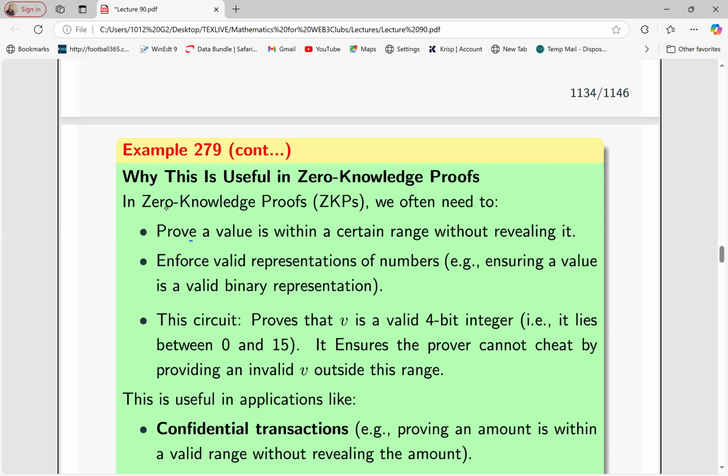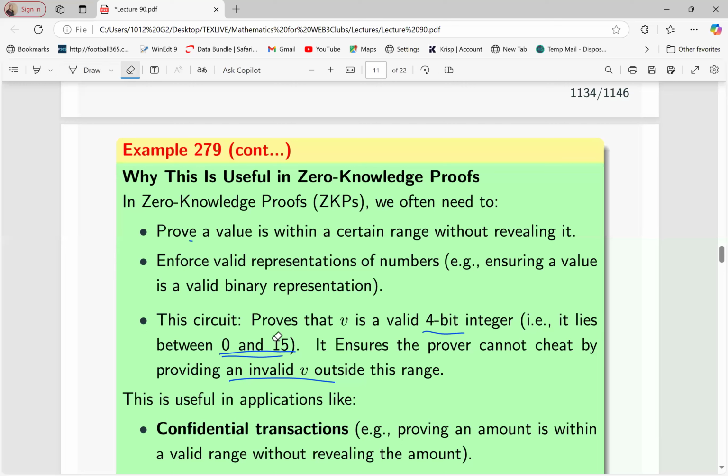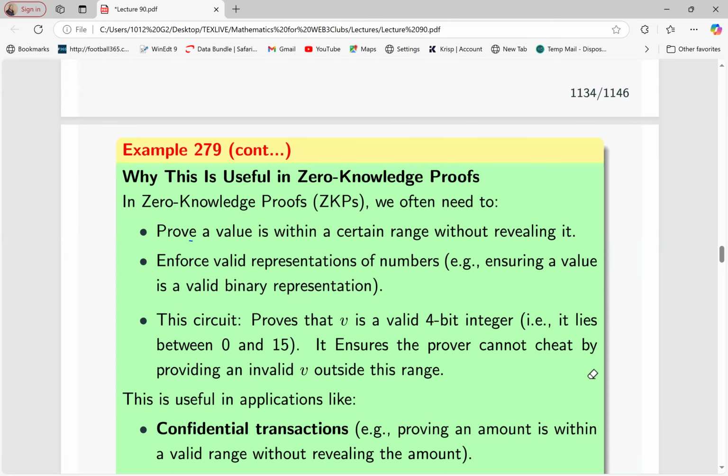Then the above circuit proves that V is a valid 4-bit integer, i.e. it lies between 0 and 15. Once it goes beyond 15, the circuit will not be valid. So it ensures that the prover cannot cheat by providing an invalid V. The one trying to prove that he knows cannot give us an invalid V.